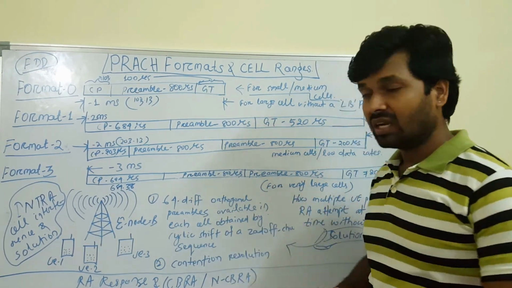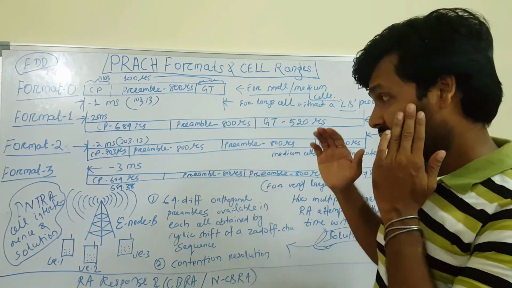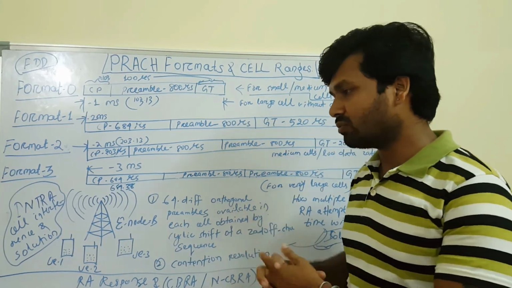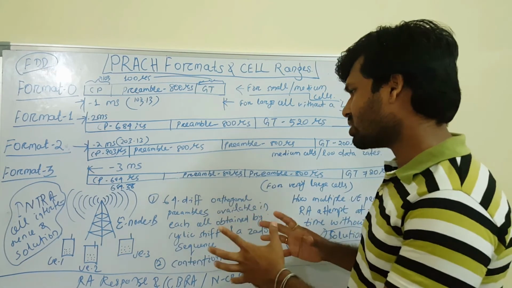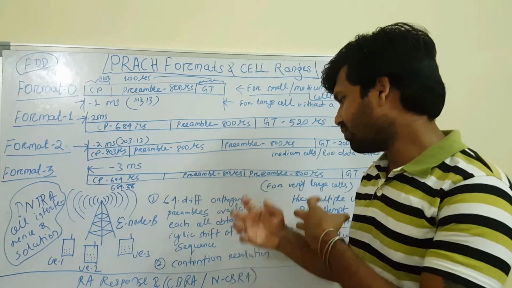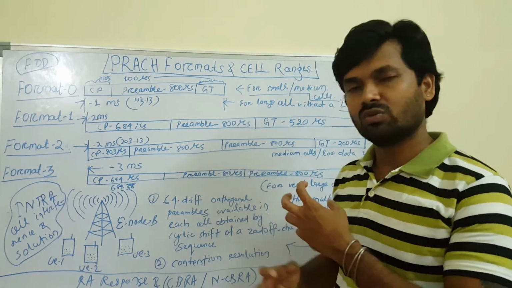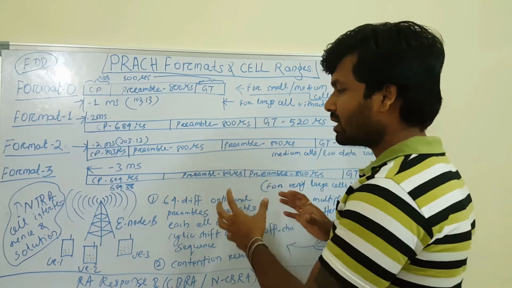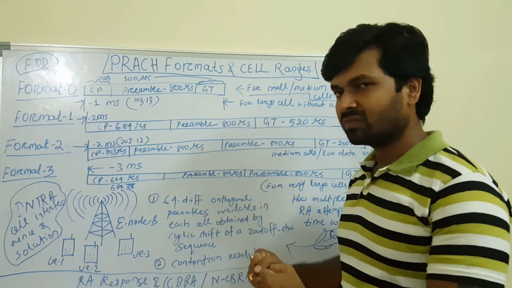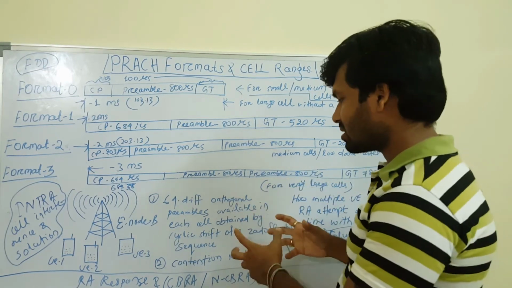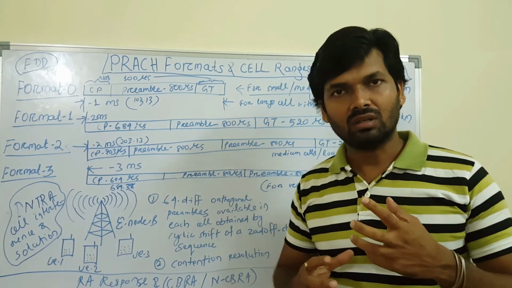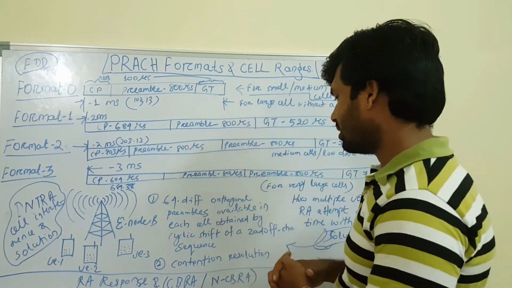That is the problem. And the solution is, we have 64 different orthogonal preambles available for each cell, and those are obtained by cyclic shift of Zadoff-Chu sequences. This is done by the planning engineer who plans the 64 preambles and the NCS, and there are many things which we will see in the planning part in detail.